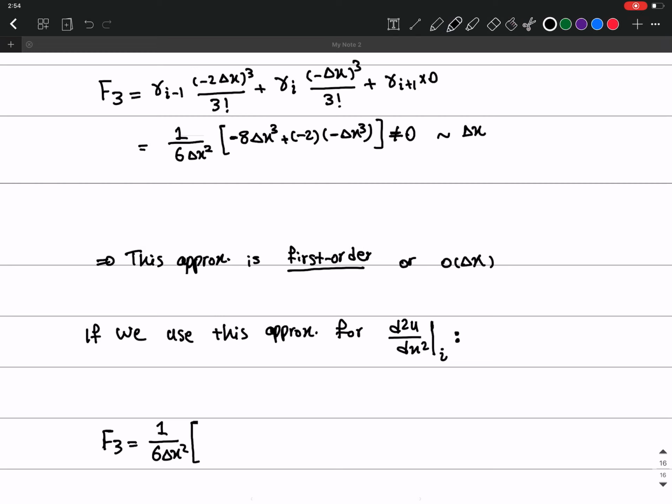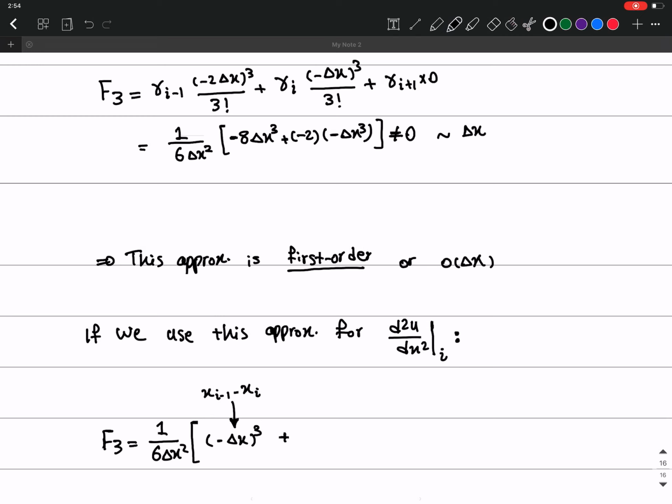So the first term is going to be xj, which is xi minus 1, minus x star, which is now xi. So it's minus delta x. So instead of minus 2 delta x cubed, I'm going to have minus delta x cube, right? So this represents that one.